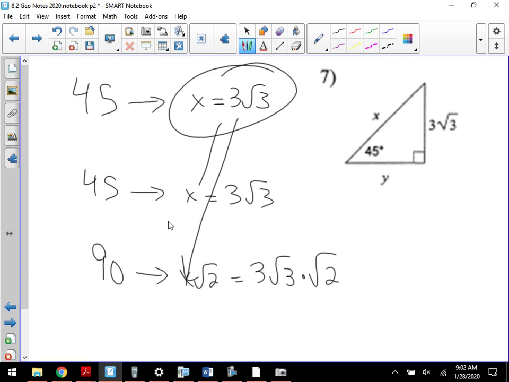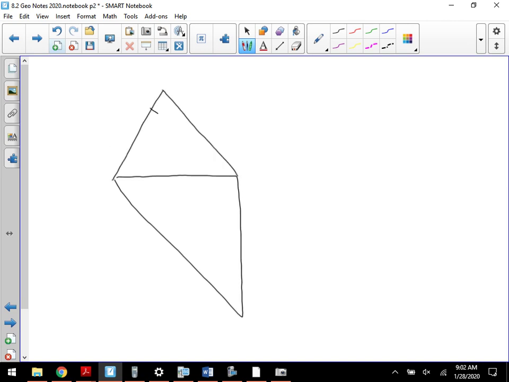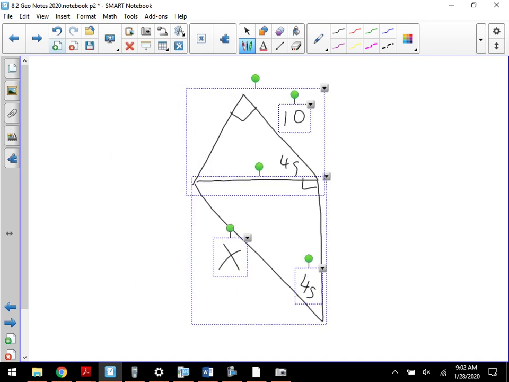Oh, well. All right, so you'll have to bear with me as I try to draw this. Now, in this first problem here, we have two 45, 45, 90 triangles. You guys okay with that? So here's what's happening.